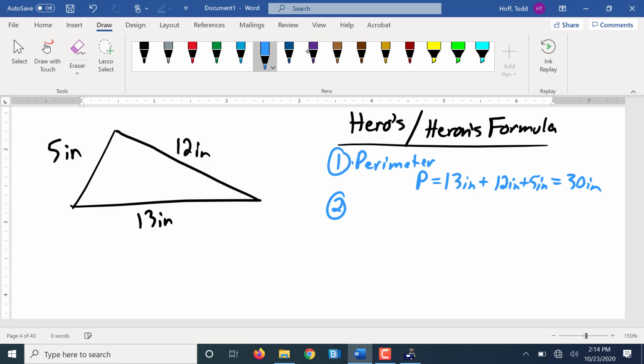Step 2 was something called the semi-perimeter. The semi-perimeter, S, is just the perimeter divided by 2. Yeah, 30 inches divided by 2 is 15 inches.